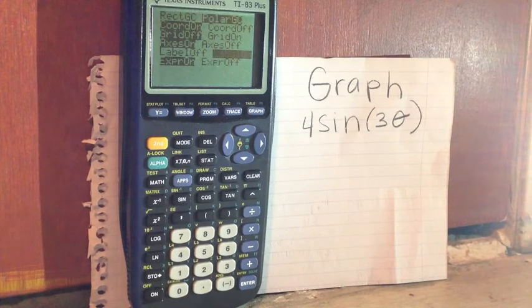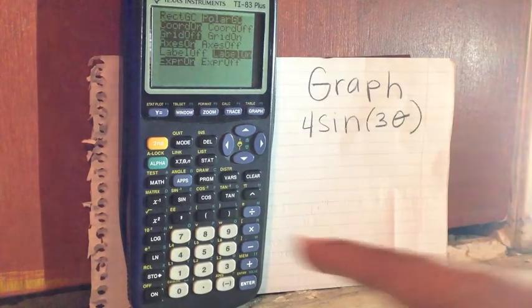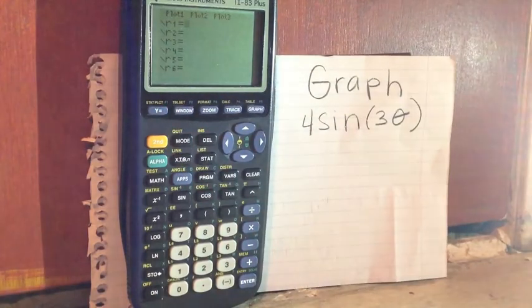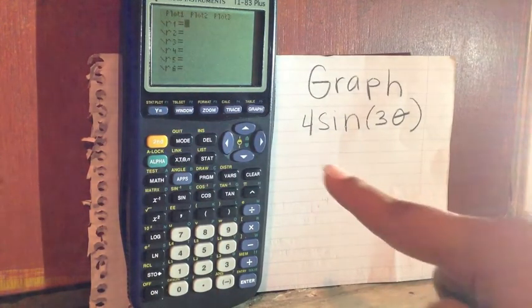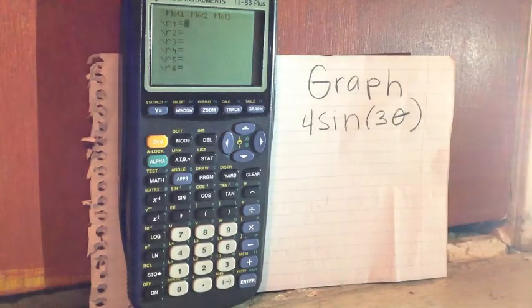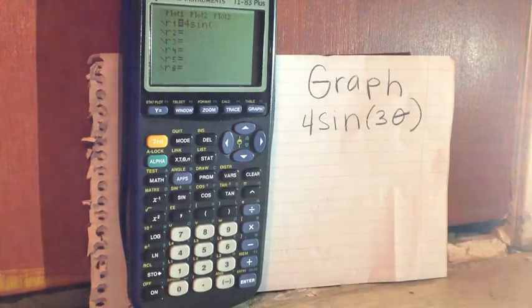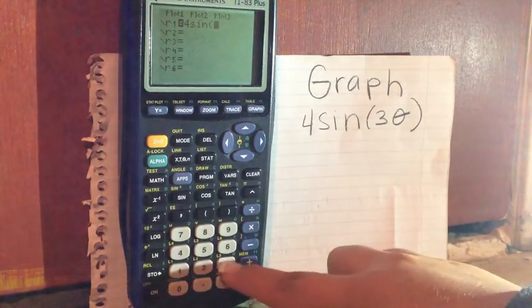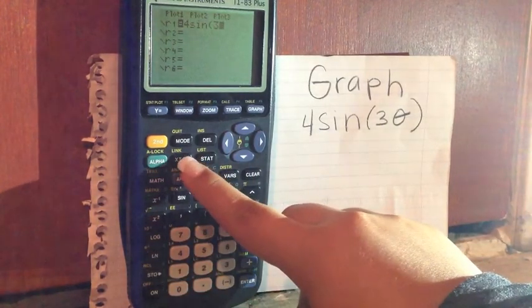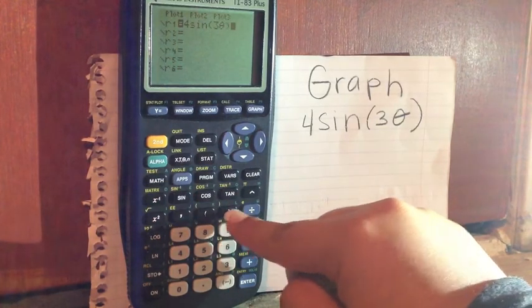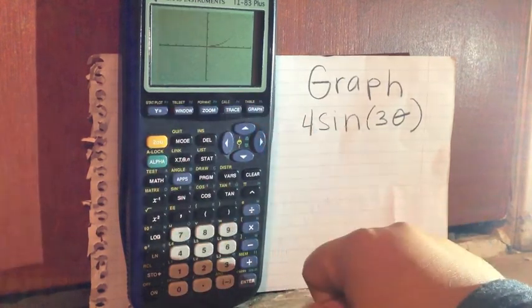Then this is whenever the graphing comes. We're going to push y equals and plug in our equation, which is 4 sine 3 theta. We're going to close our parentheses and push graph.